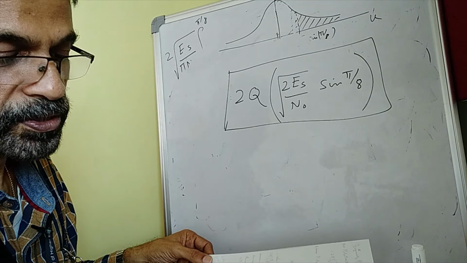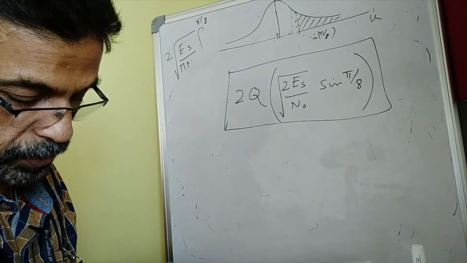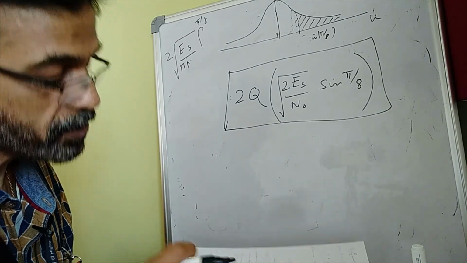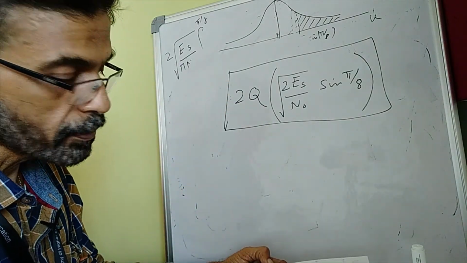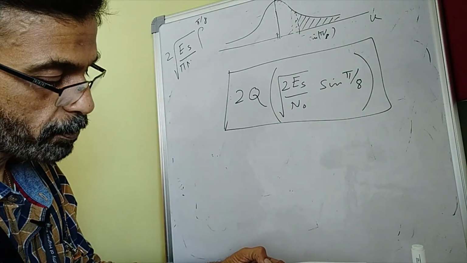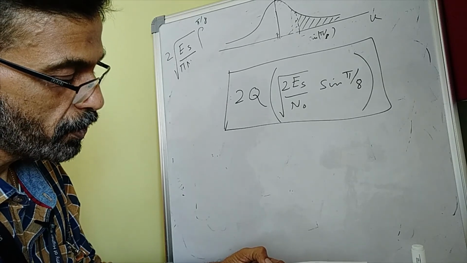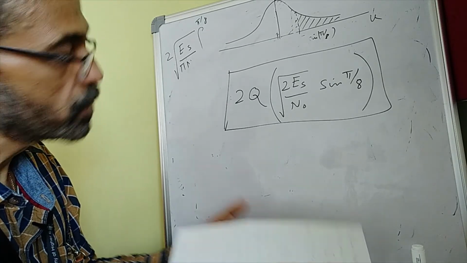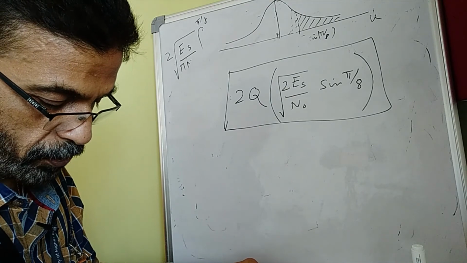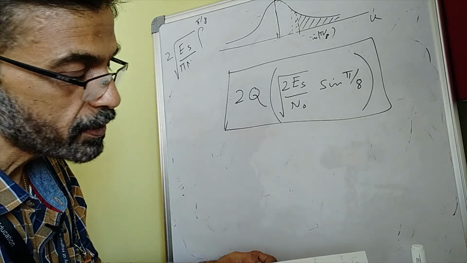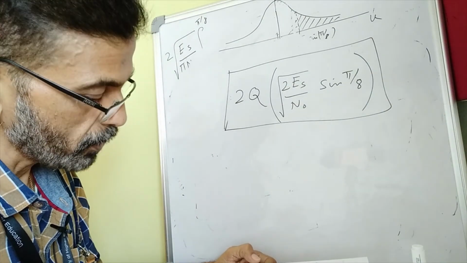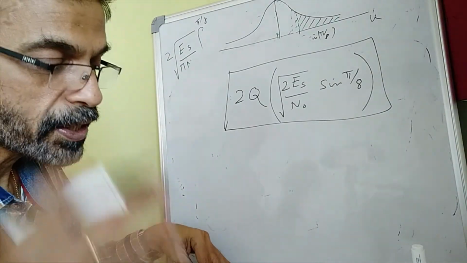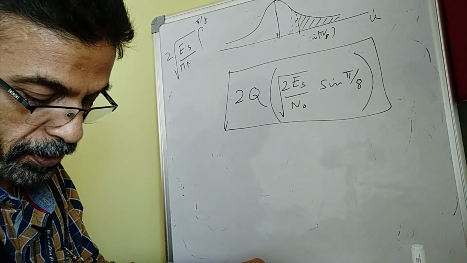The approximate symbol error rate of QPSK, if I recall correctly, was, I'm not able to locate it and I'm not able to recall it from my memory.